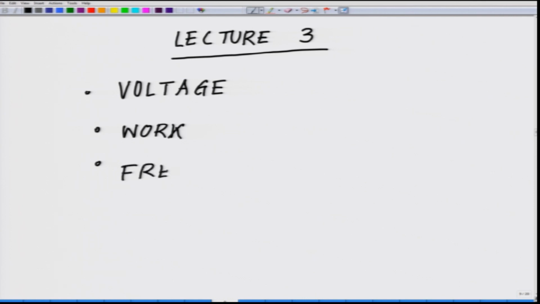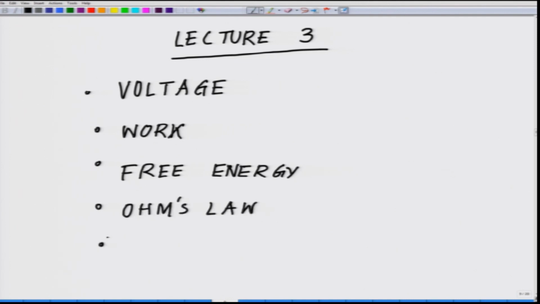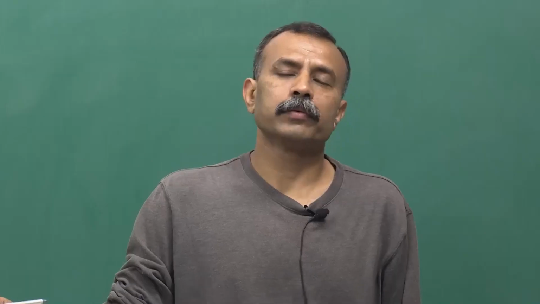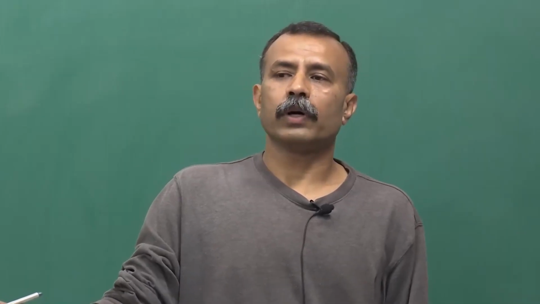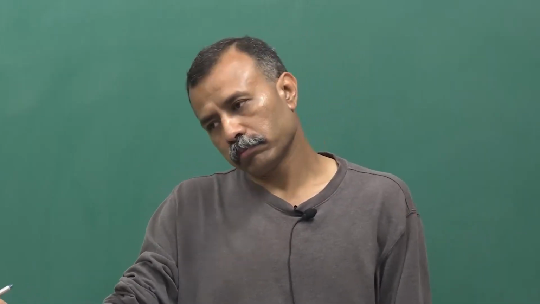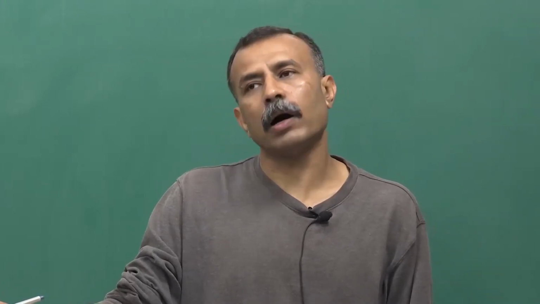We will talk about the free energy, then Ohm's law, followed by the power, because whenever we talk about a battery or a cell or any kind of energy storage device, we talk about the power.